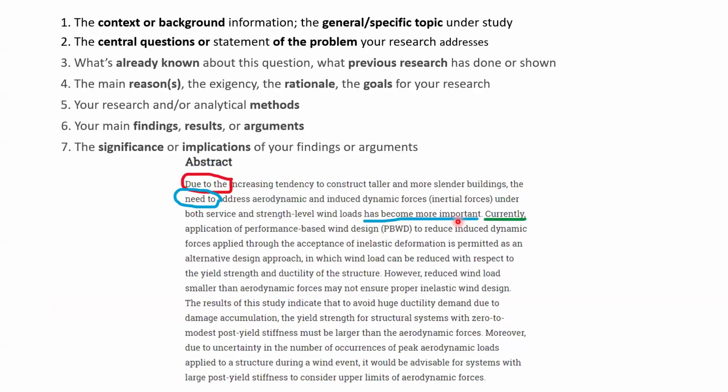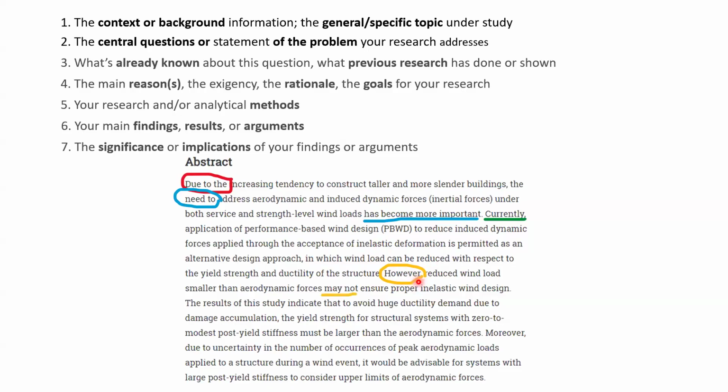It's a very important word to use, right? And then "currently", the application currently, gives you what is already known, number three, and then there's another word here, "however." This word, however, is very important here because it deviates from the previous statement, and it gives you the reasons why you do the research, and the research need is defined here, right?